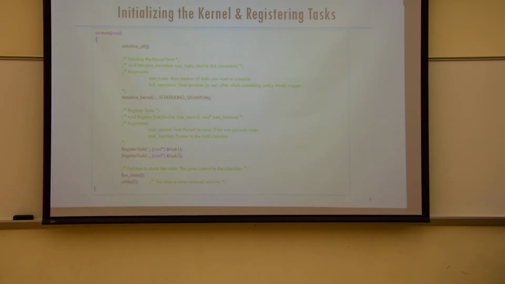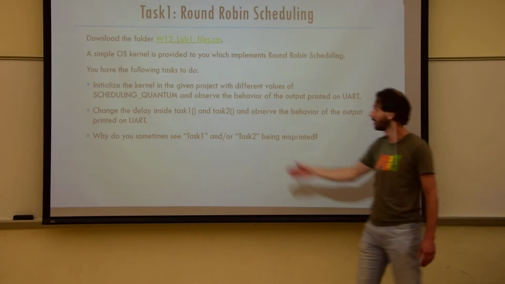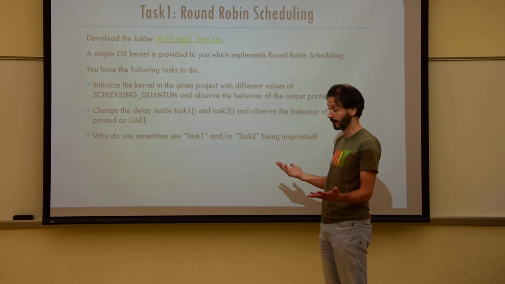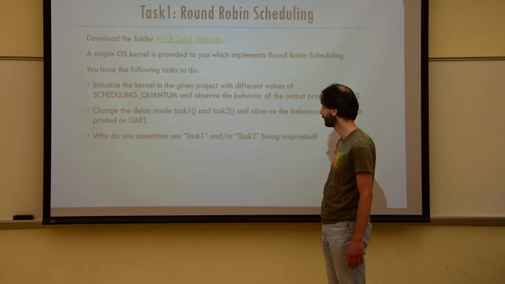So if the main task again, which is the main program, that's the same as before. And in task 1, you're effectively going to download all this material. So this is a simple OS kernel, the one that we just actually detailed throughout this lecture.